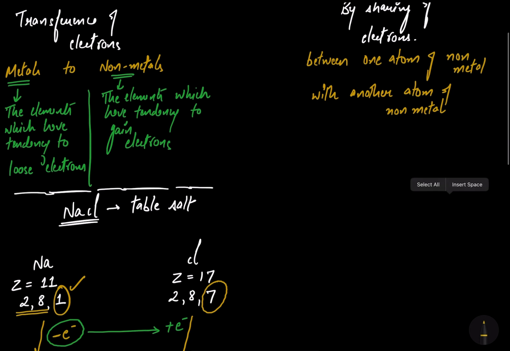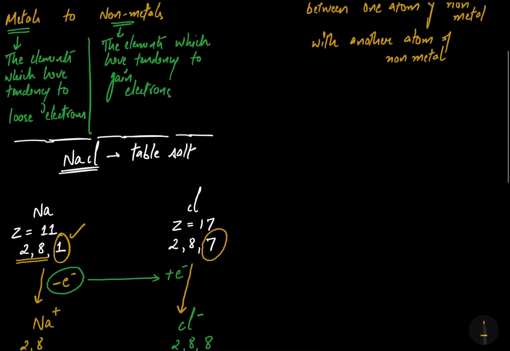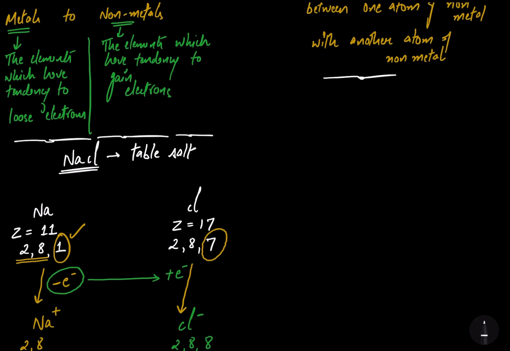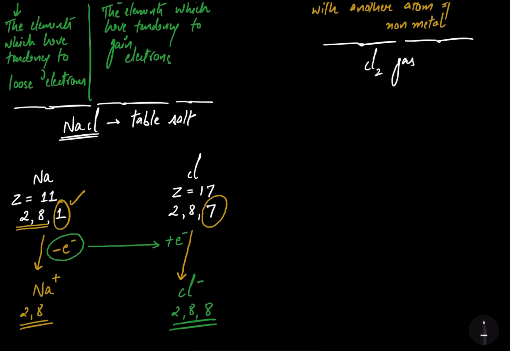Okay, let's talk about a very basic example of chlorine gas, that's a Cl2 gas. For that we need to write the Lewis symbol for chlorine. The atomic number of chlorine is 17 with electronic configuration of 2, 8, 7.